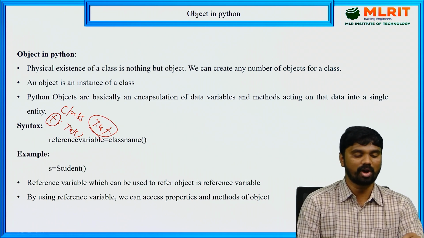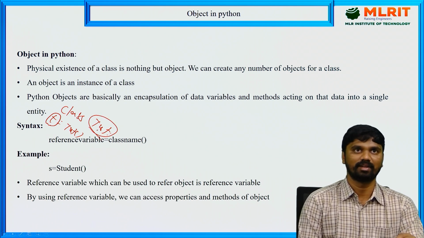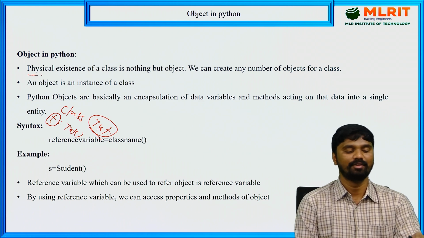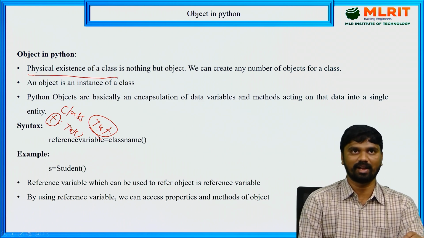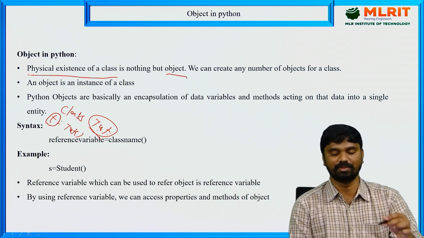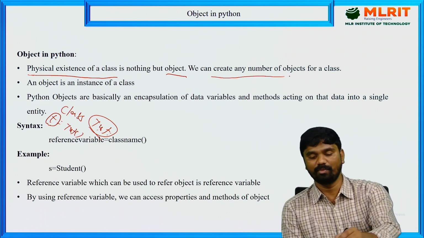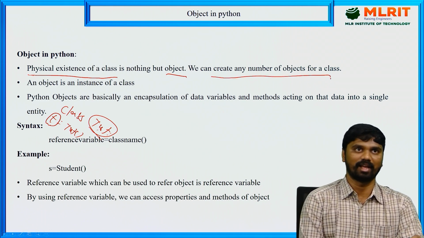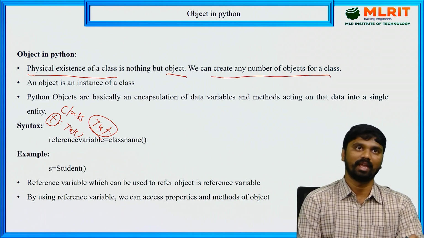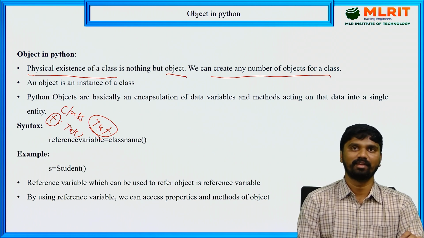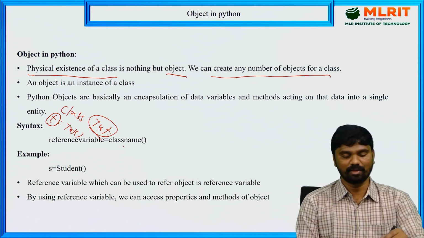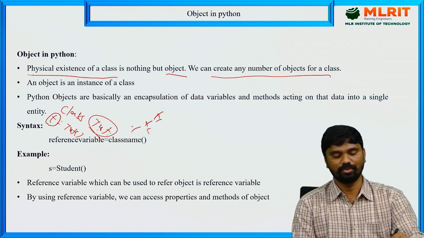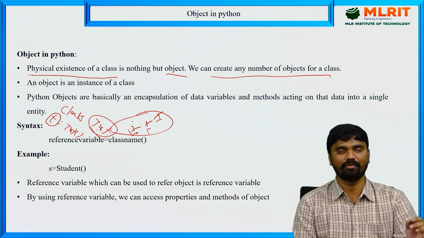So the physical existence of a class is nothing but an object. We can create any number of objects of a class, for example t1, t2, t3, and so on.